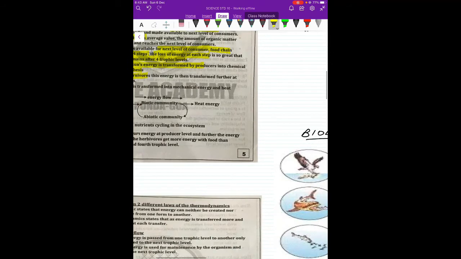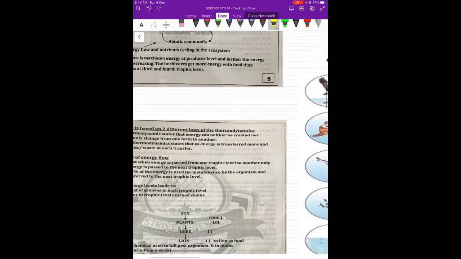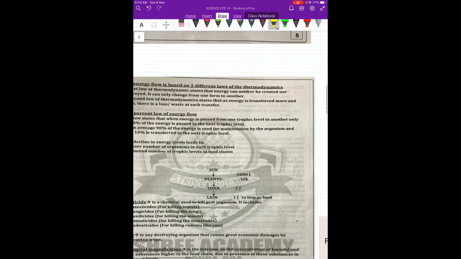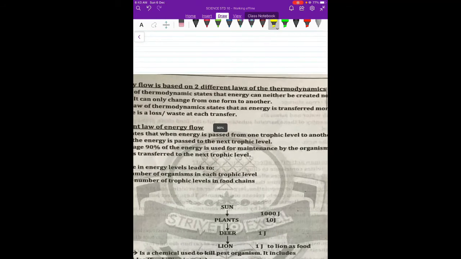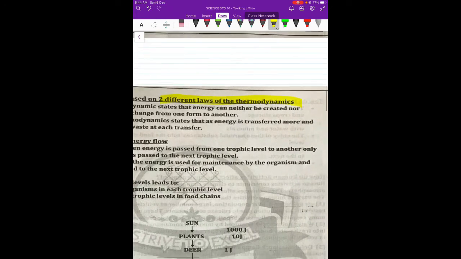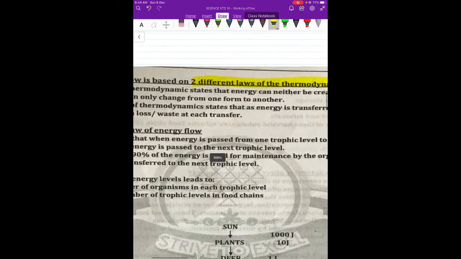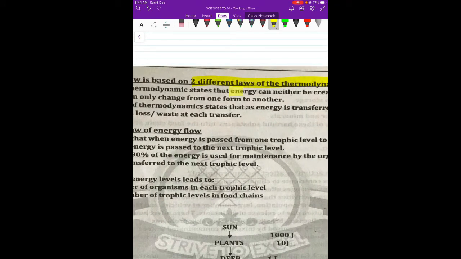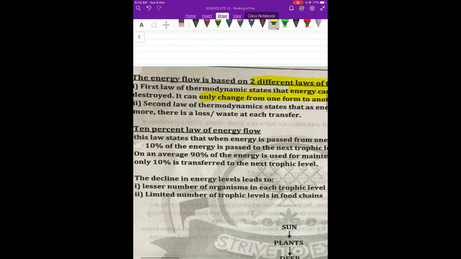This is based on 2 laws of thermodynamics. So which are the 2 laws of thermodynamics? The first law of thermodynamics states that energy can neither be created nor be destroyed. It can only be changed from one form to another. This is the first law of thermodynamics. So what does the second law of thermodynamics say?